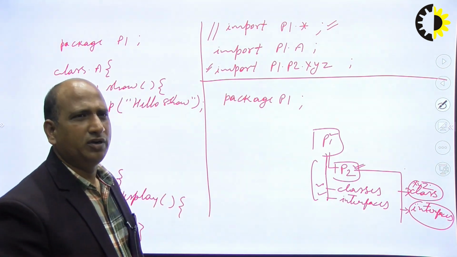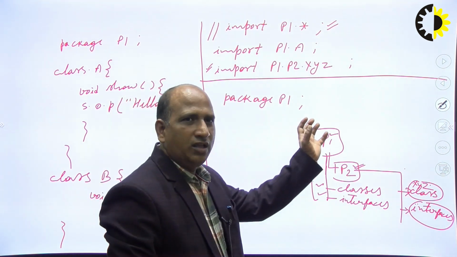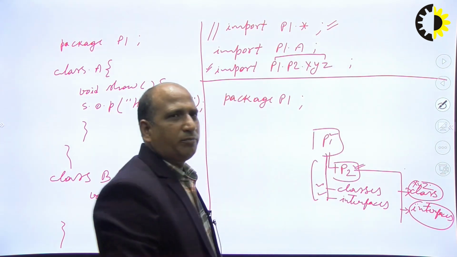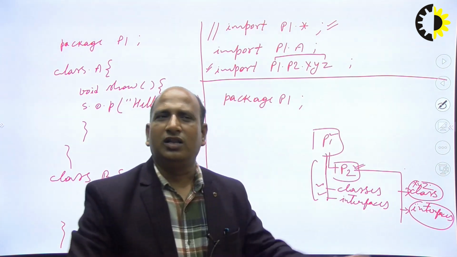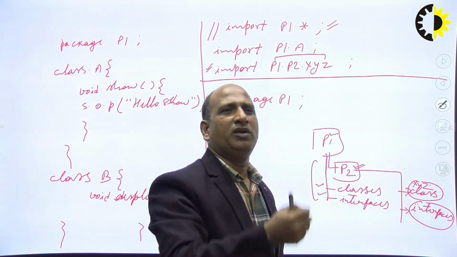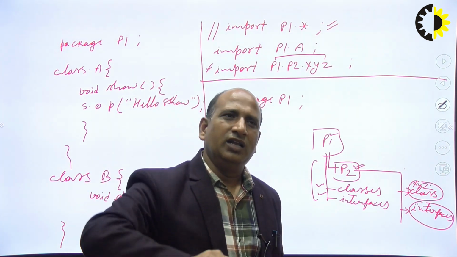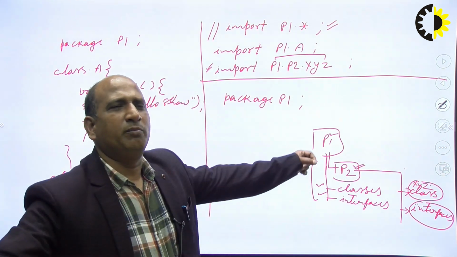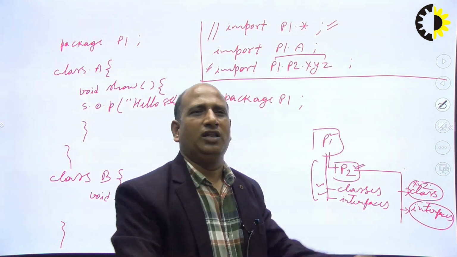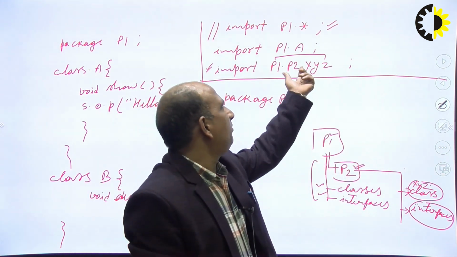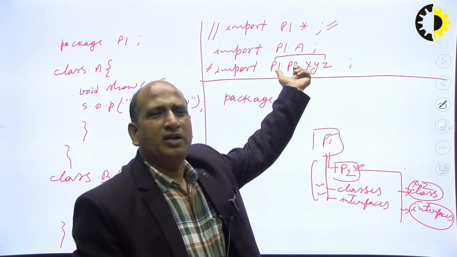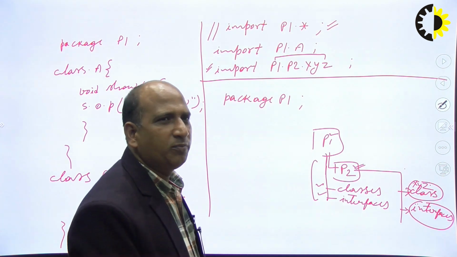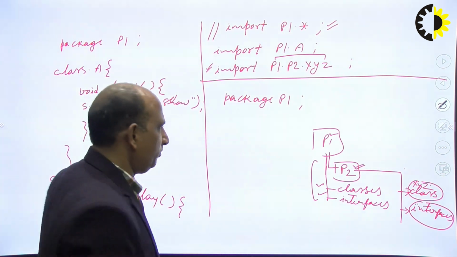It has certain importance also. If we mention the fully qualified name, the compiler will not import all the members, only that particular member will be imported, and that makes your program more efficient. Otherwise it has to import and compile all the members of the class, and if you have exclusively mentioned a particular member, then the speed and efficiency of your program will definitely improve.